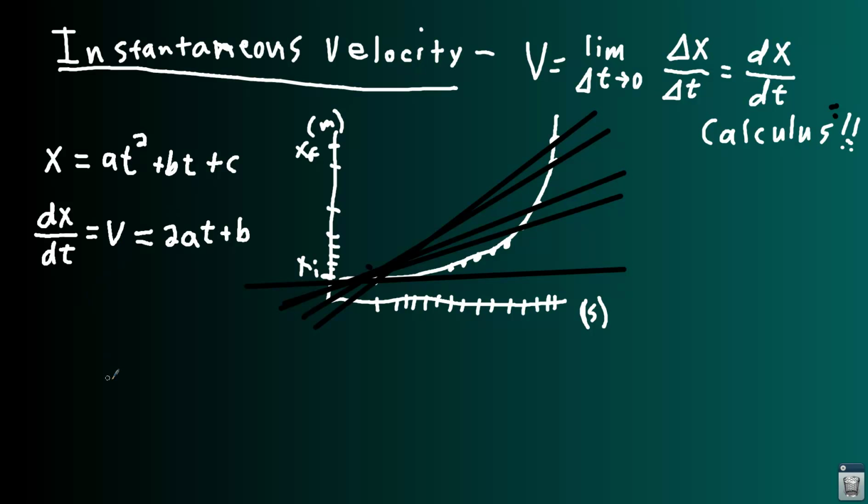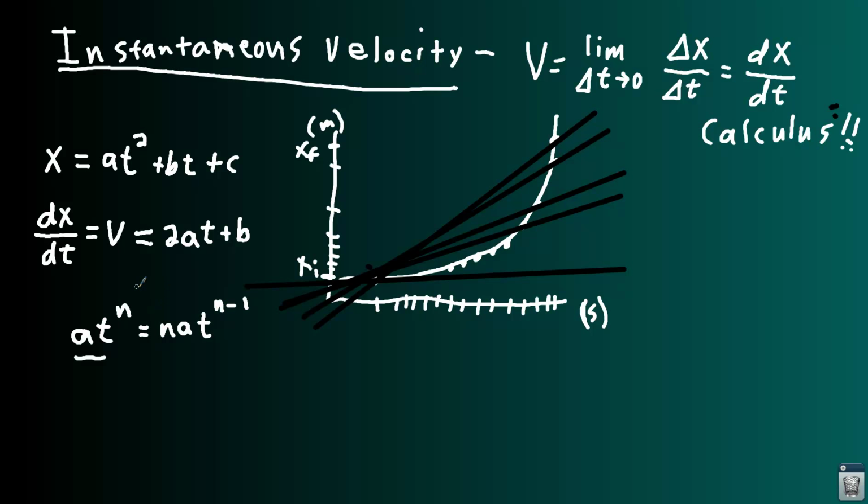I essentially did one term at a time, and the formula is if you have something like a t to the n power, when you take the derivative of this, it becomes n a t to the n minus 1 power.